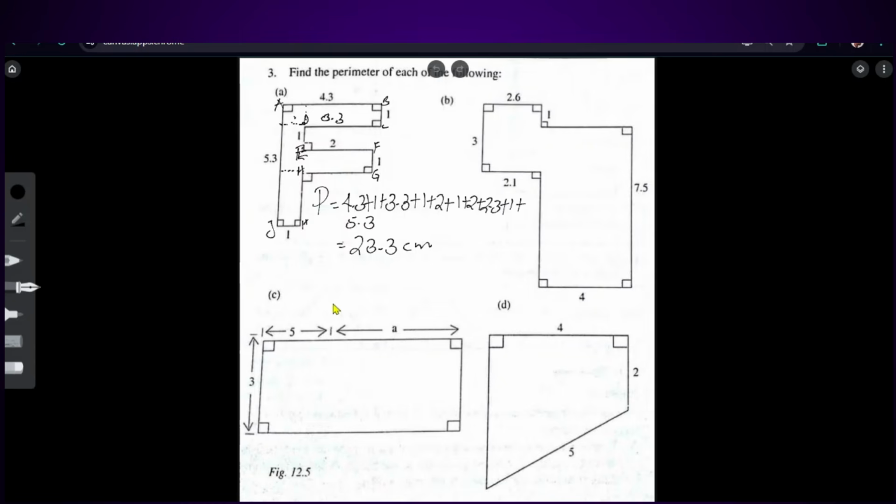I want you to attempt, as part of the exercise, number B, this diagram. All these measurements are in centimeters. So attempt number B, attempt this one. Also attempt this one. How do you get the perimeter of this? So those are two questions.